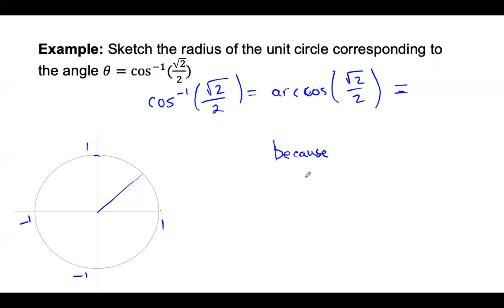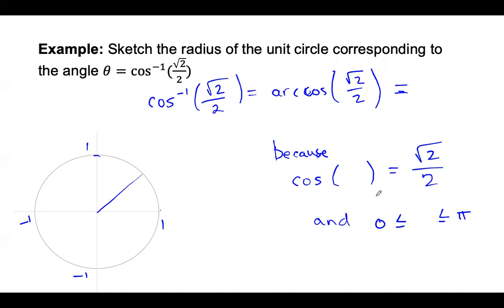The cos of an angle equals square root of 2 divided by 2, and the angle is between 0 and pi, because that is the domain.